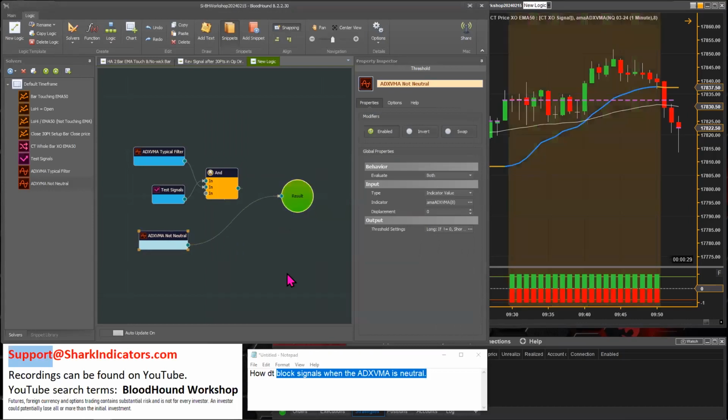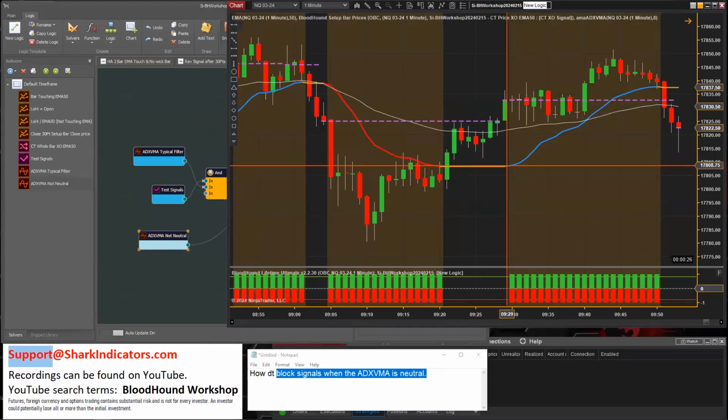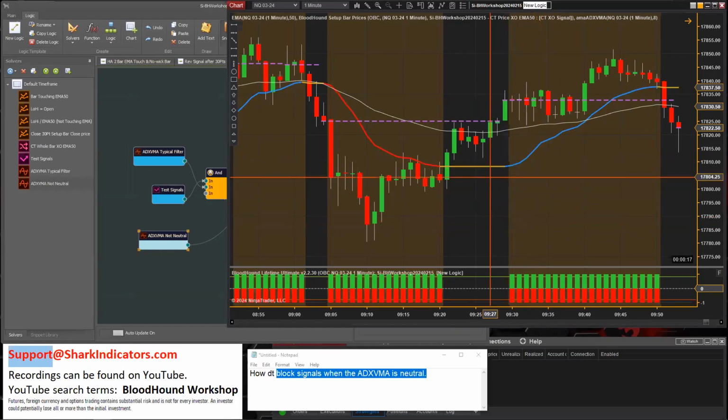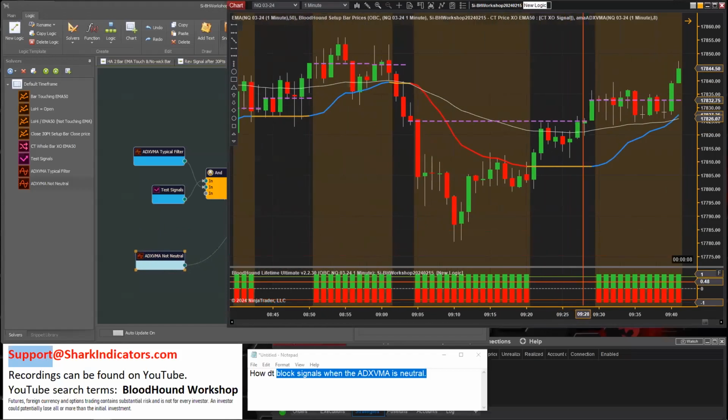Let's connect that in. There we go. And there we have it. So now, whenever the ADXVMA is trending, we have a long and a short output, which allows any kind of signal to get through. But of course, when it's neutral, there is no output, and so that's what blocks the signals, right? So the no output is what blocks signals.